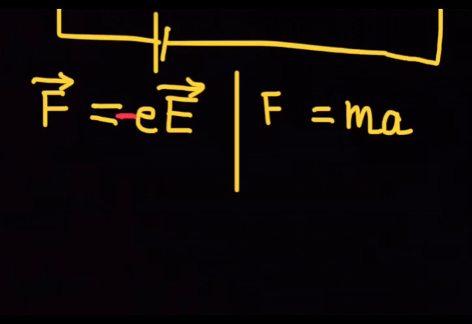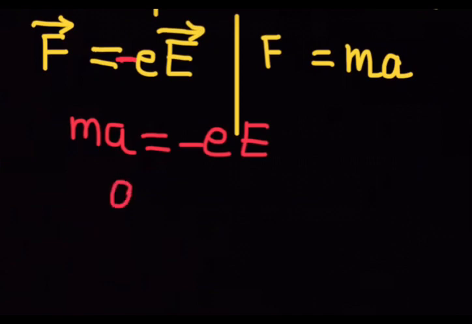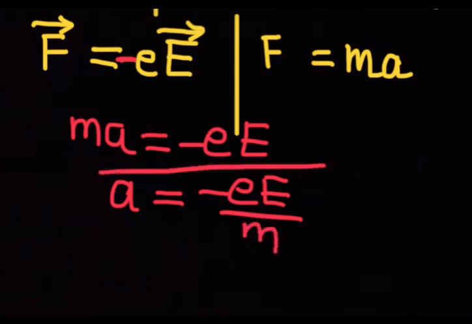Now you can equate these two equations. On equating, you will get ma equal to minus eE. If you divide by mass, you get minus eE divided by m, which gives the acceleration of the electron. Electrons are moving from the negative end of the conductor to the positive end with this acceleration.